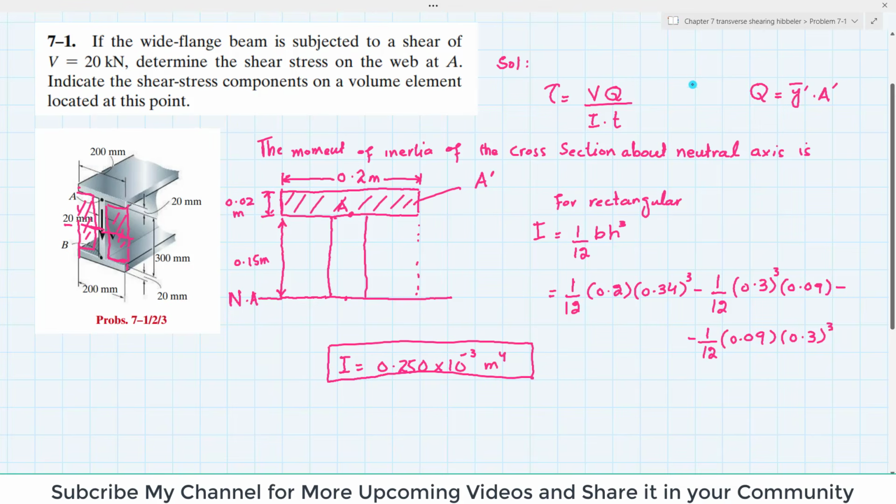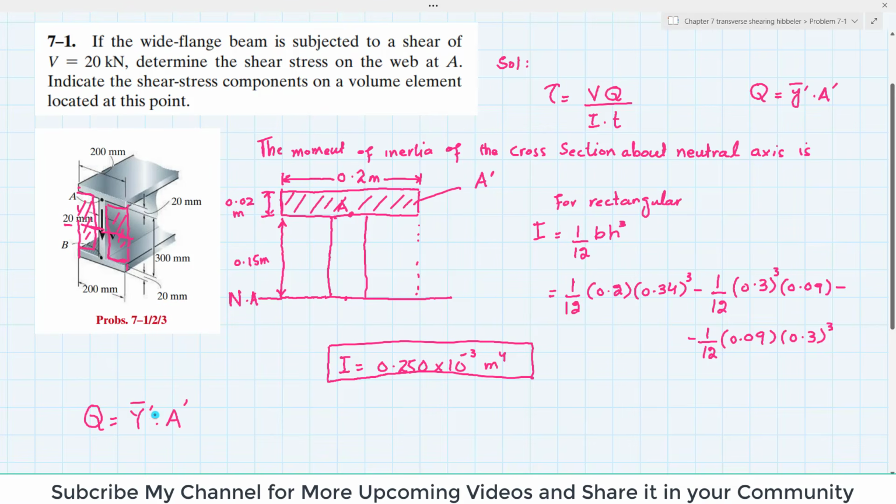We will calculate this Q, and for Q we will draw the half section of this beam. We know that Q is equal to y dash bar into A dash. Now what is A dash? A dash is this area where you are going to find the shear stress. Clear? And what is y dash bar?